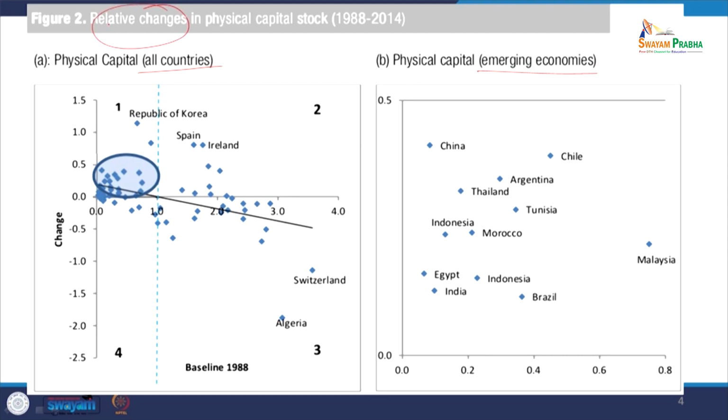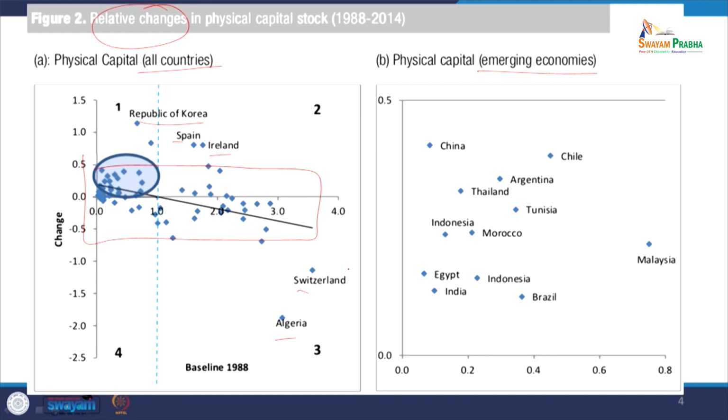So, the title suggests that the relative changes are hovering around a very small percentage, except a bit for Korea, Spain and Ireland. For Switzerland and Algeria, negative changes are noted, but largely those developed countries have experienced a change of about minus 0.5 to 0.5 percentage during this period, which is very little.